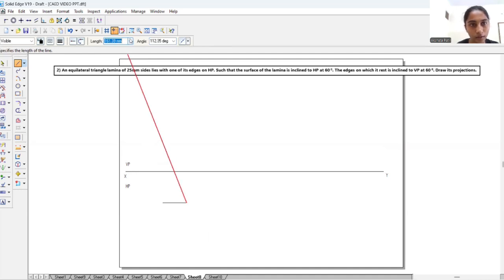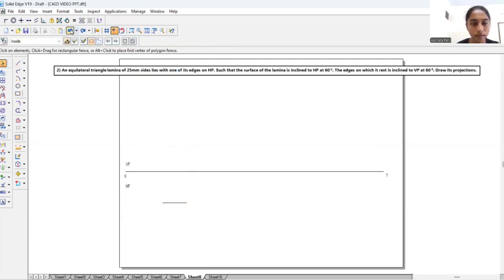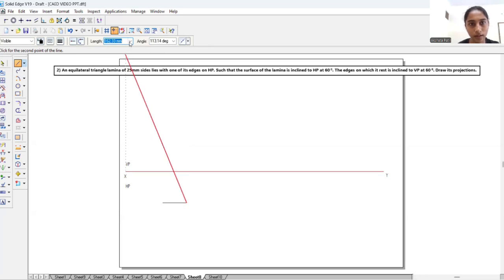Then again we will give the length as 25 mm and the angle as 120 degrees. And again we will join this one to the third side. So this is the triangle.